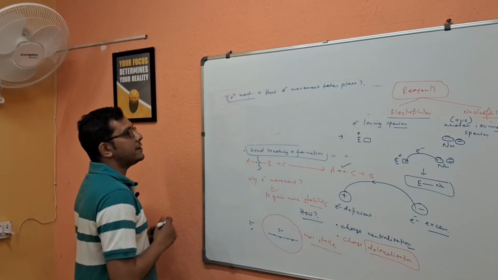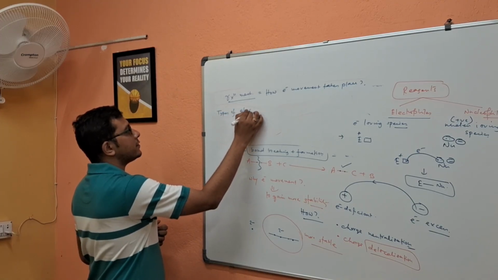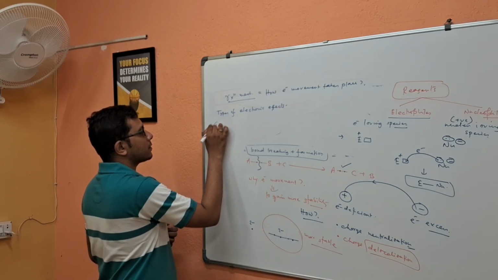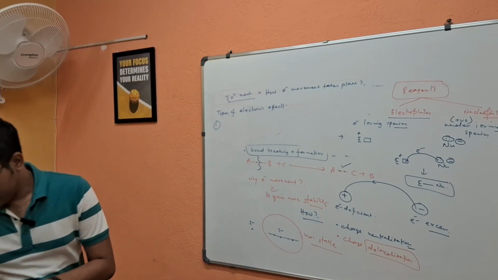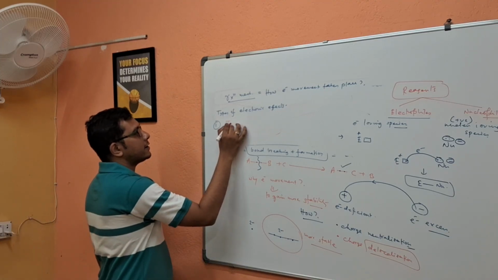Okay. Now there are different types of electronic effects. So what are the types of electronic effects? The first one is inductive effect.